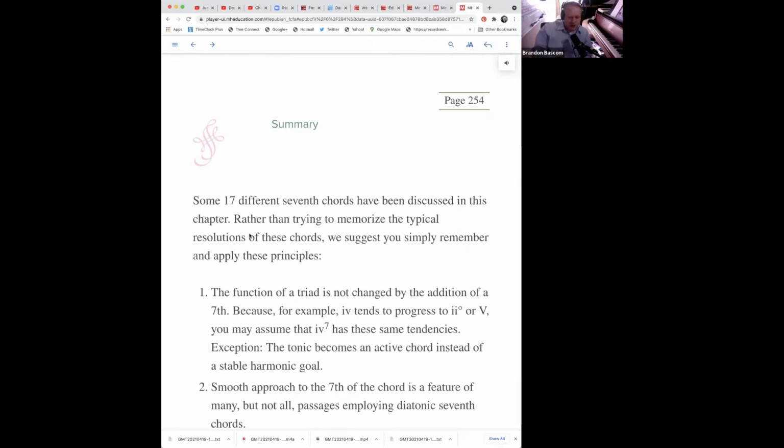Number 1, the function of a triad is not changed by the addition of a 7th. Because, for example, 4 tends to progress to 2, the diminished 2 chord, or 5, you may assume that 4/7 has these same tendencies. The exception is the tonic becomes an active chord instead of a stable harmonic goal.